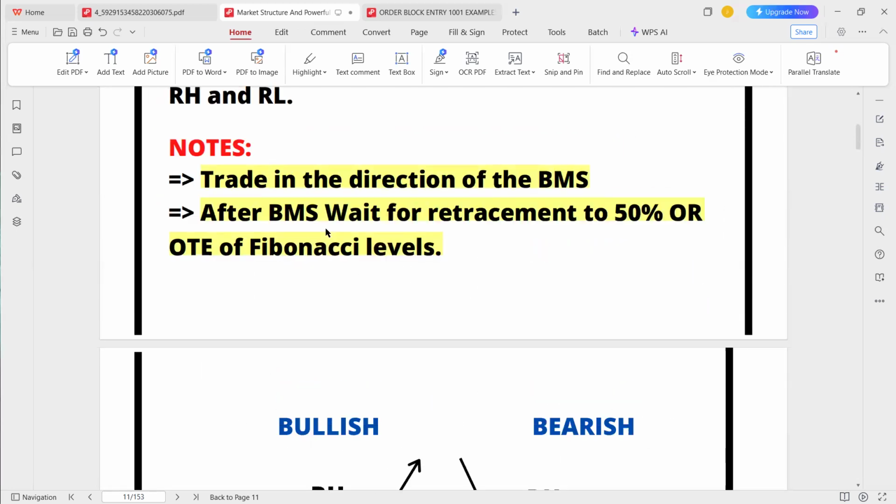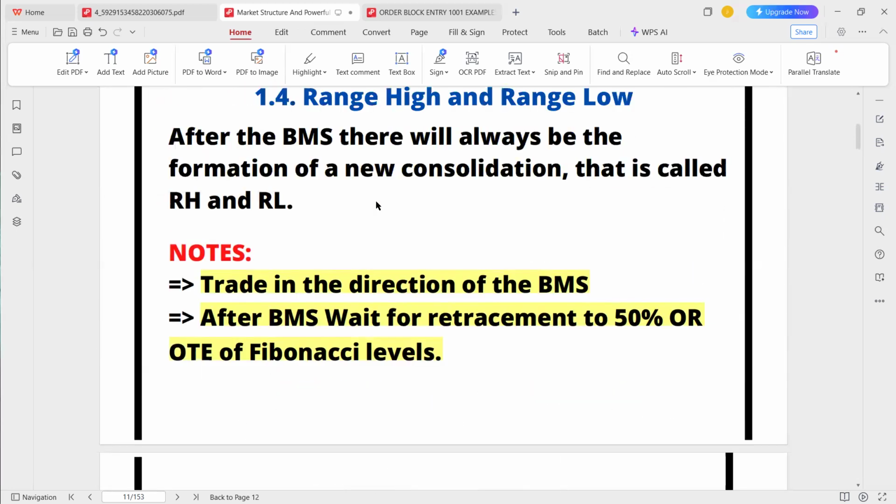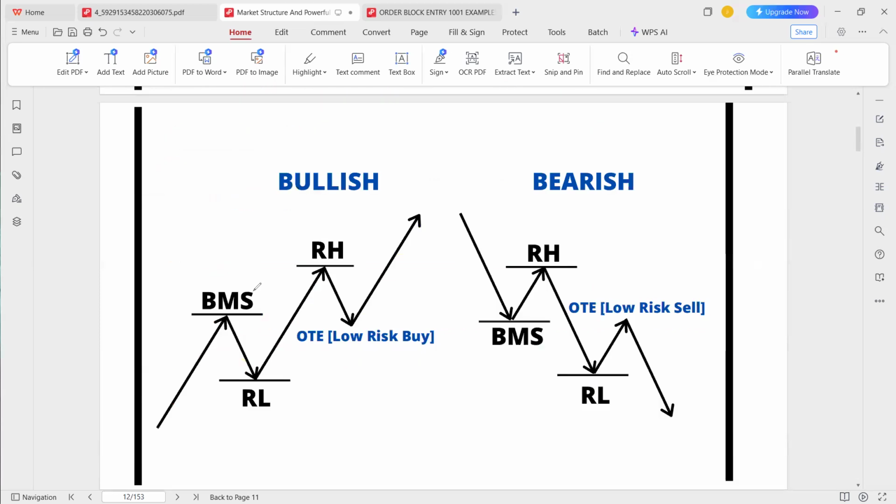Okay, so what the author is simply trying to say is, after a break in market structure, there will always be a formation of a new consolidation that is called range high and range low. So going into the illustration, what the author is saying is after a break of structure like the one you see here, after that retracement, the price is going to set a new range, basically.